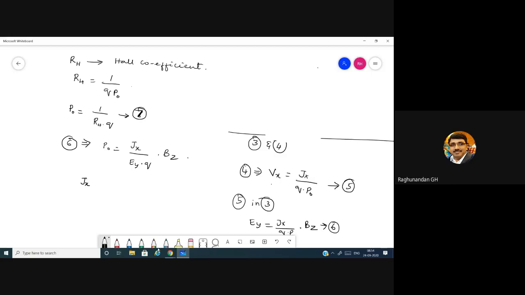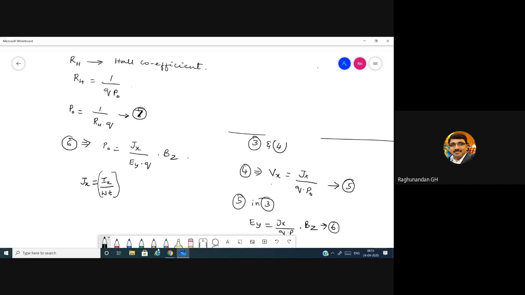When you are talking about current density, it is current per unit area. Current per unit area, good. So for Jx, what is the current we have to consider? Ix. And what is the area we are considering? Width into the thickness. So Jx is taken as Ix by Wt.